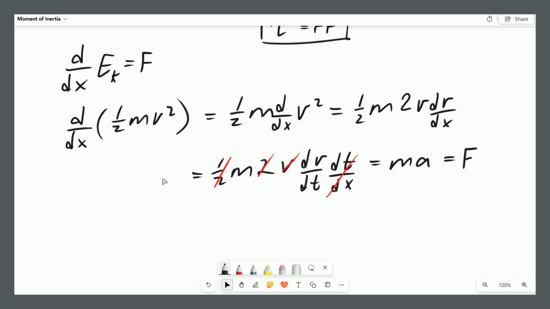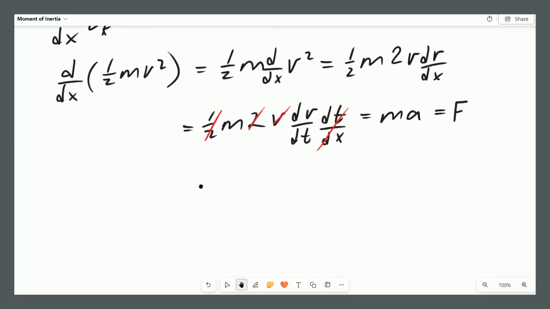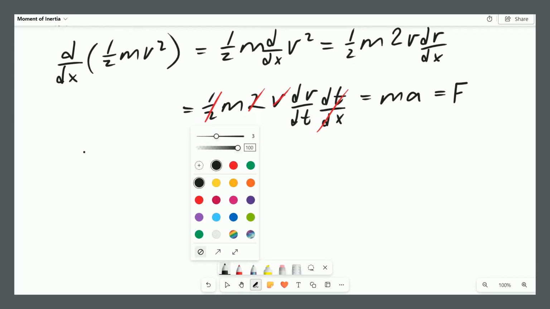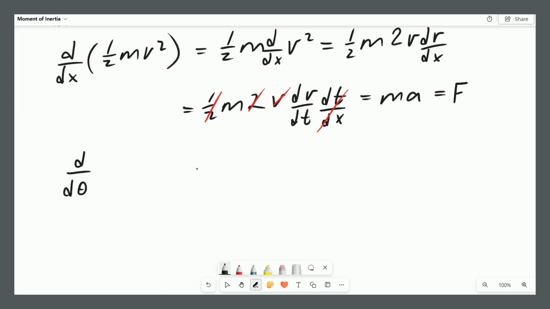Now if we do the same thing with our kinetic energy, but we look at the rate of change with respect to our angular position rather than x, we have that 1 over 2 mr squared, that's our moment of inertia, times omega squared.